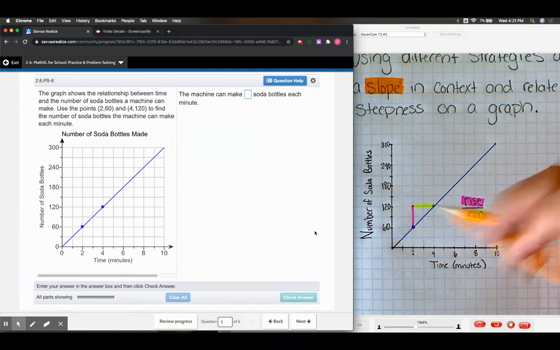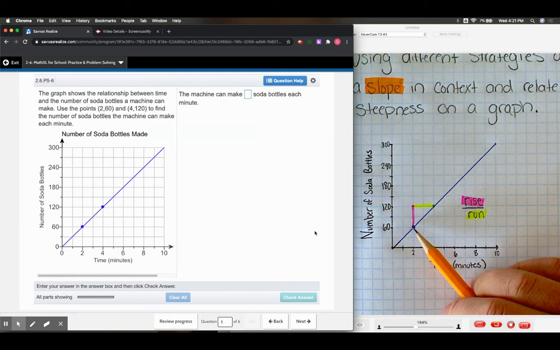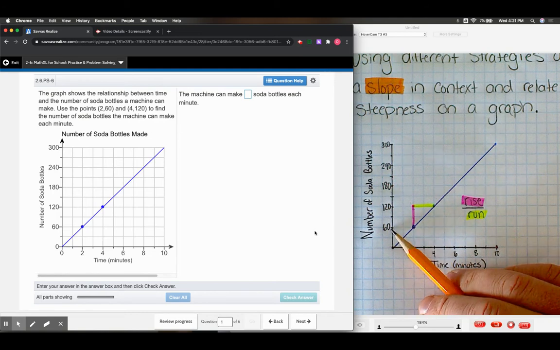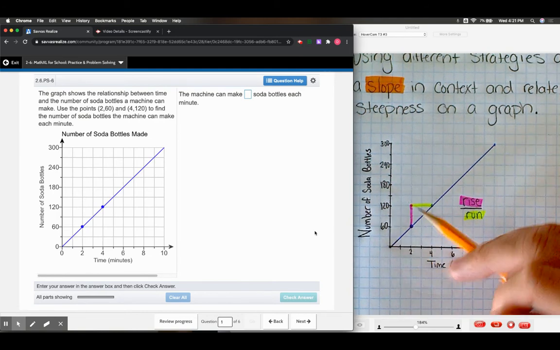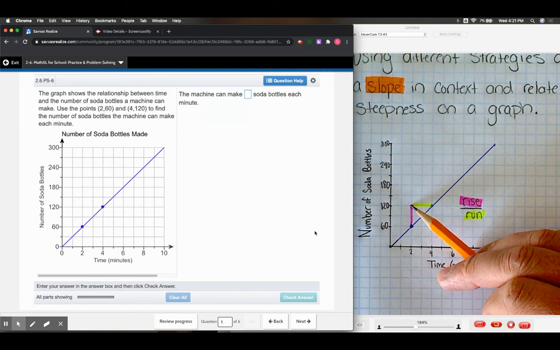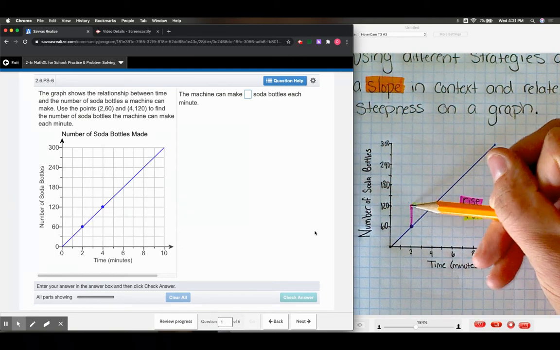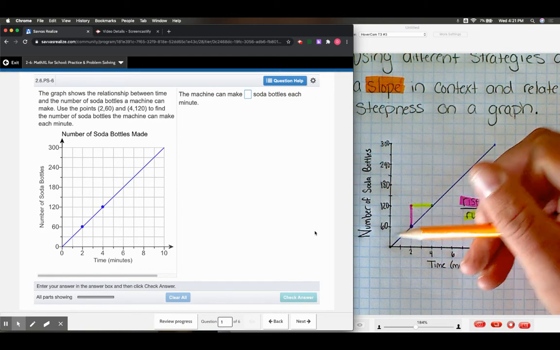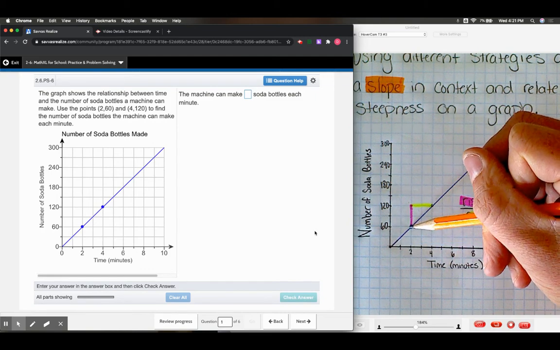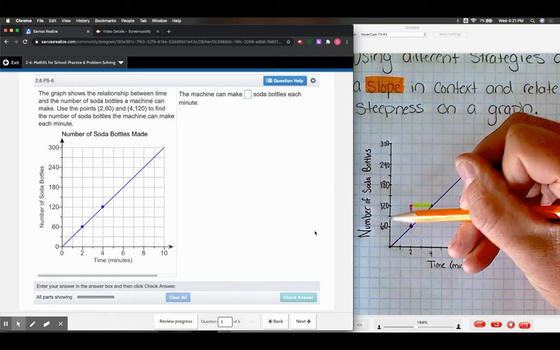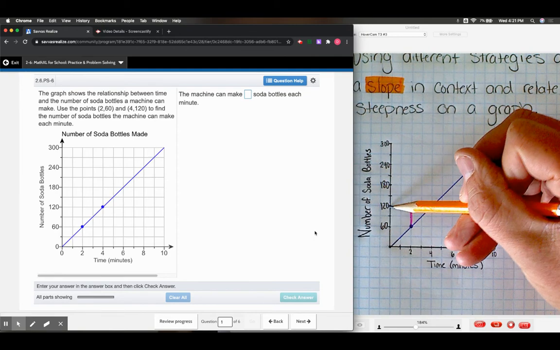Okay. So if you see here, it looks like this point says there's 60 soda bottles. And this point up here says there's 120 soda bottles. So the change of that is not 2, right? It's kind of like each of these is 60, 90, 120.